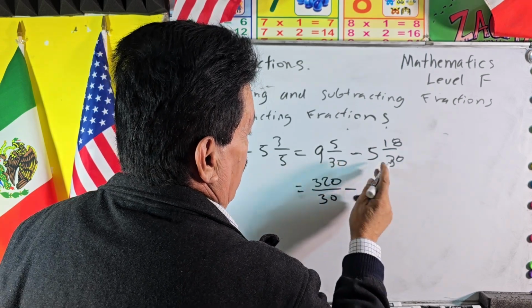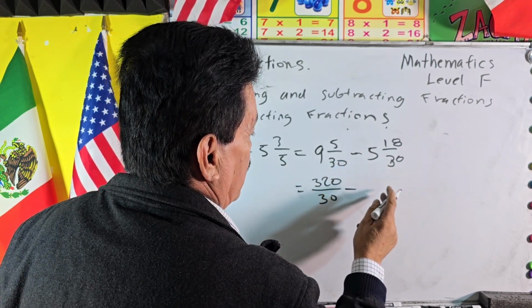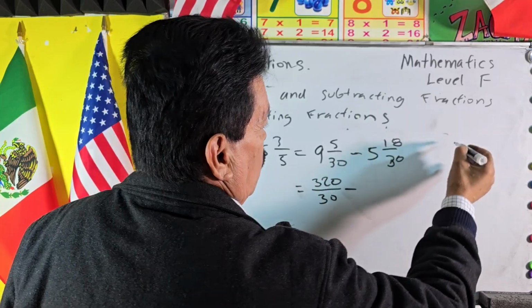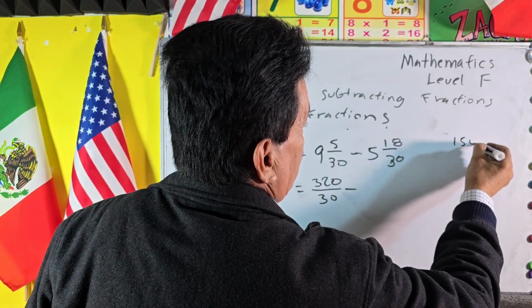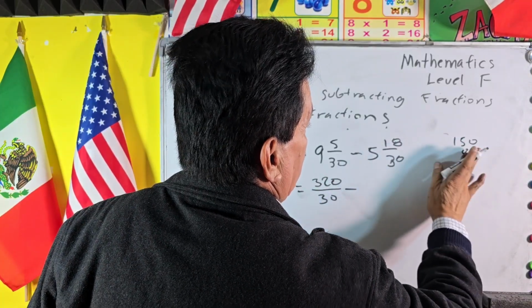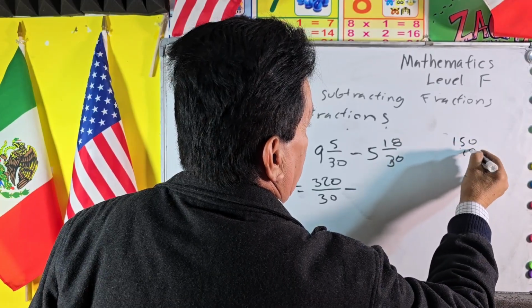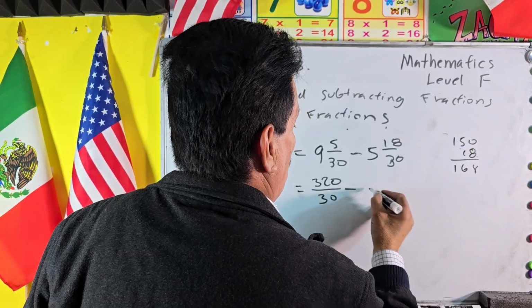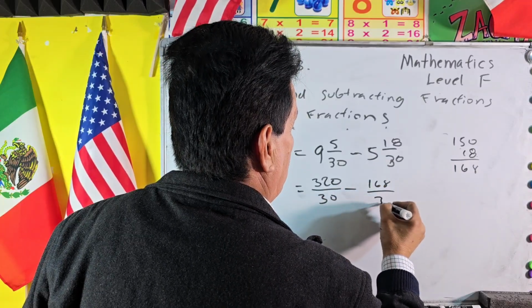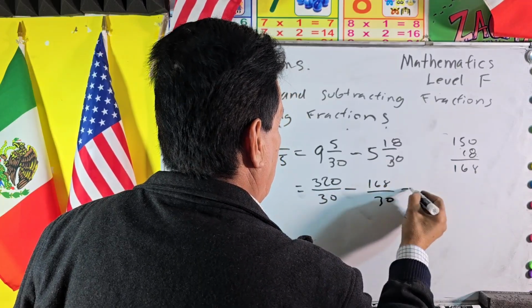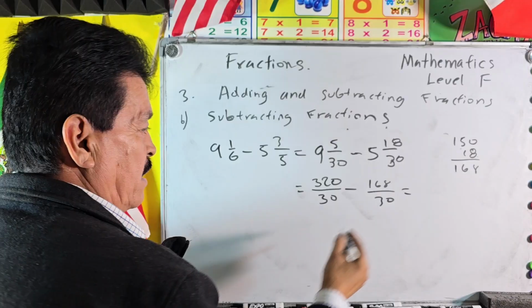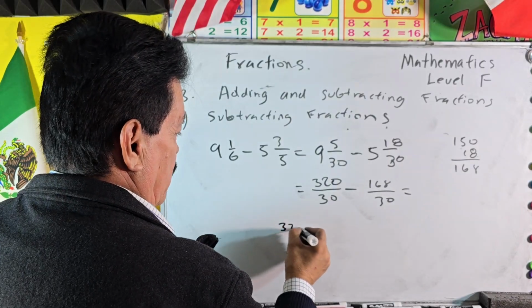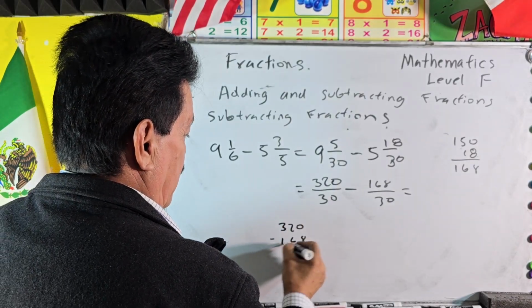Minus 5 times 30 plus 18, which is 150 plus 18, is 168 thirtieths. So subtract here 320 minus 168.